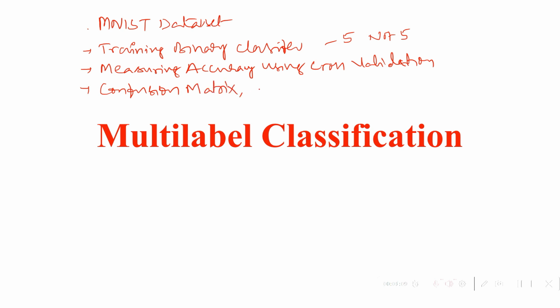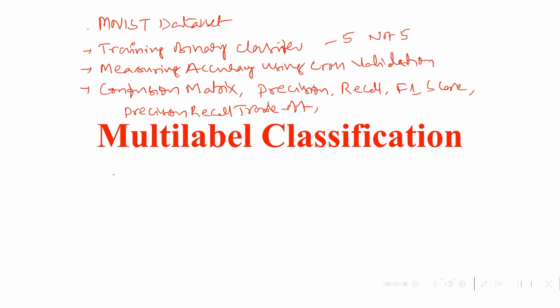Here, based on the confusion matrix, we find the precision, recall, F1 score, and also the precision recall trade-off, and also the ROC and AUC curve for the binary class classification.